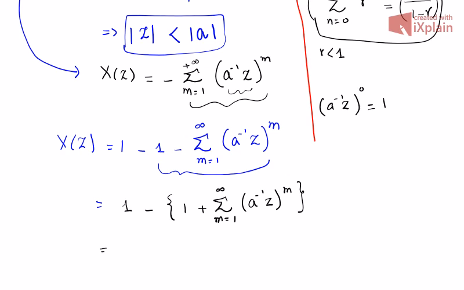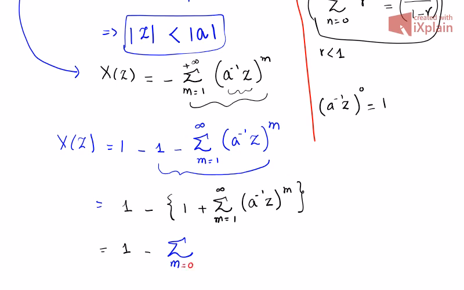Now you can see 1, we can rewrite it as 1 minus the summation, we do not need this bracket now. Now this is important, just note it down here.